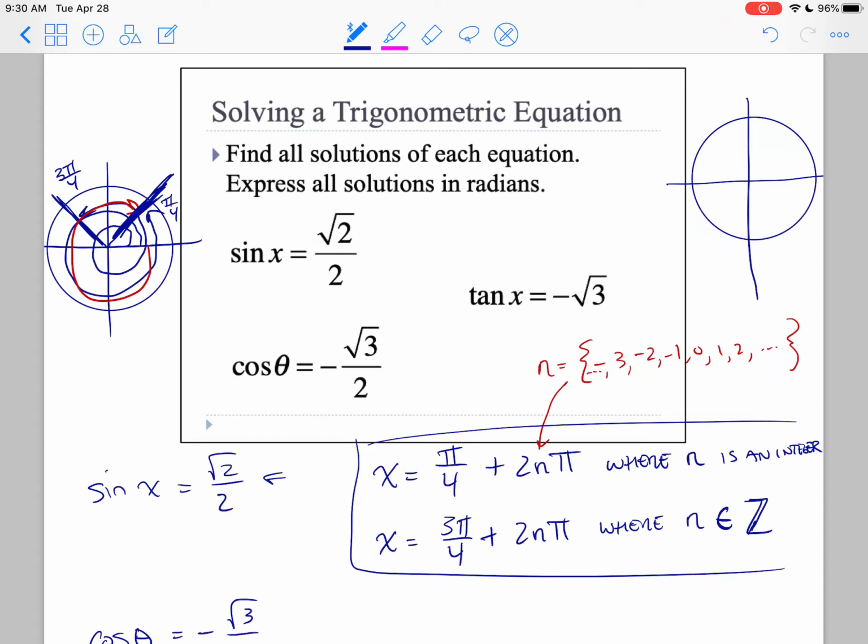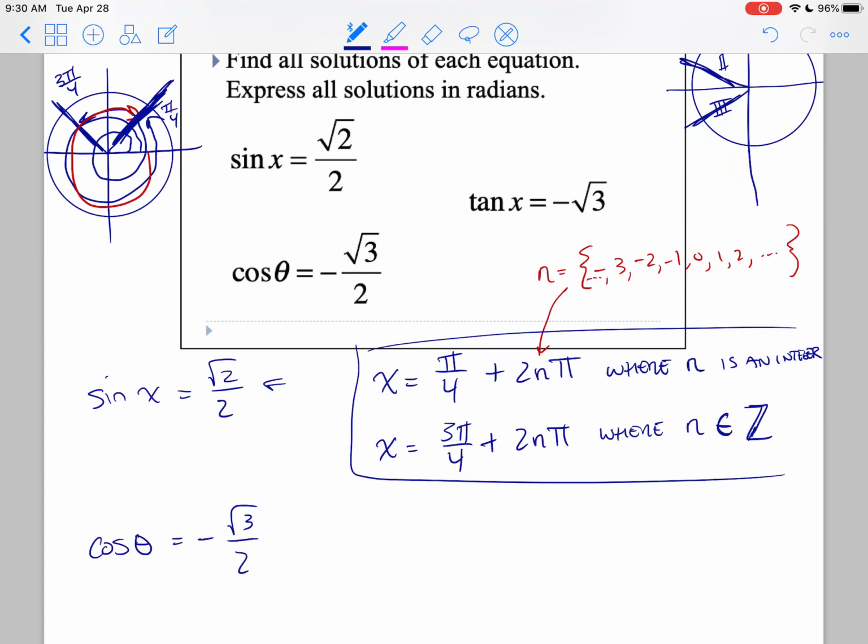So cosine is negative in the second and the third quadrant. And so root 3 over 2 is the biggest of the numbers. Oh, sorry, I'm thinking y. It's going to be this angle here, I'm further to the left, and this angle here. So it's going to be pi over 6 short of pi, which is 5 pi over 6.